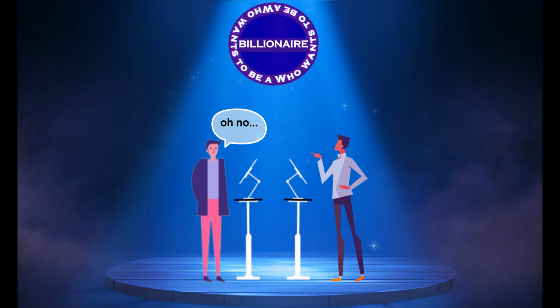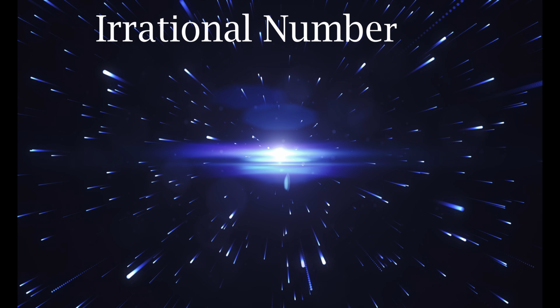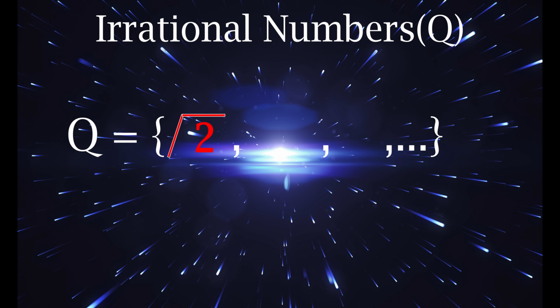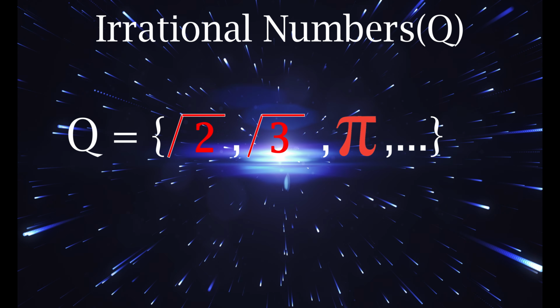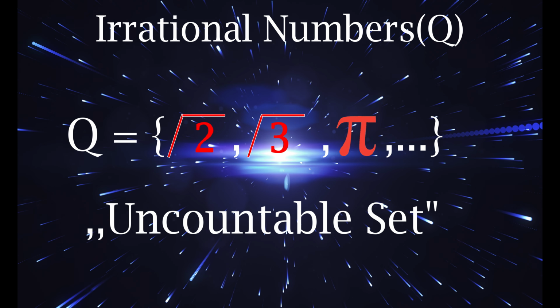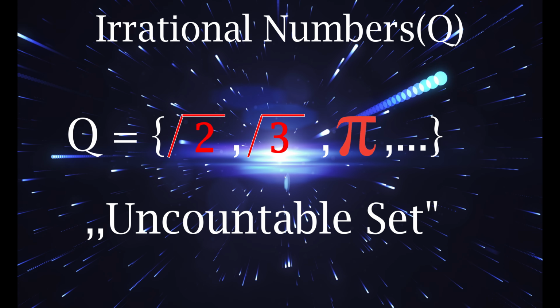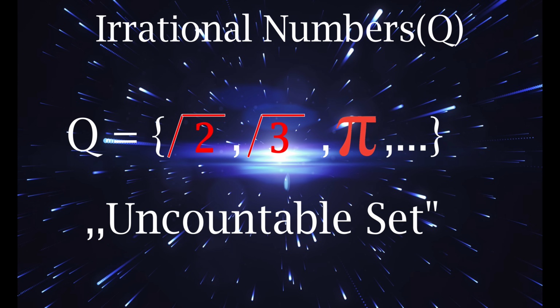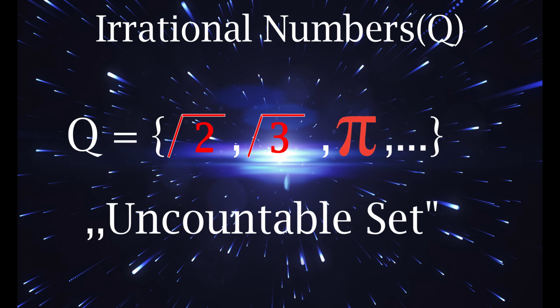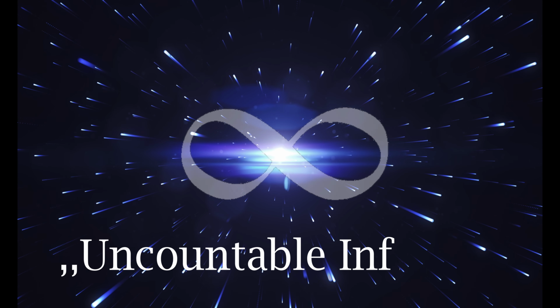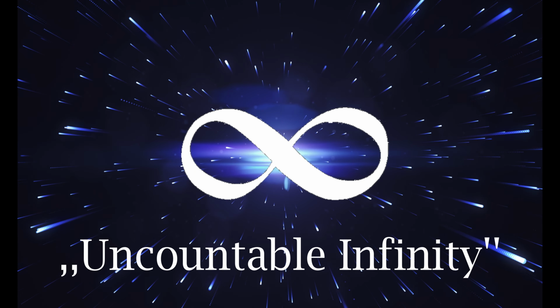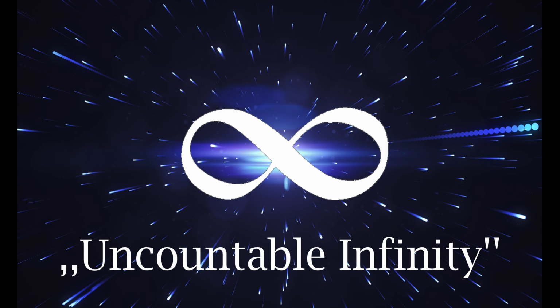You might have to return empty handed, but not empty minded, as you've gained the knowledge that such a set of numbers, where one cannot be sure about the next element, is known as an uncountable set, as there is no way to number all elements in this set or to determine the next number in the series. And it is this set which leads us to an uncountable infinity, an infinity where it's not possible to number the individual elements.